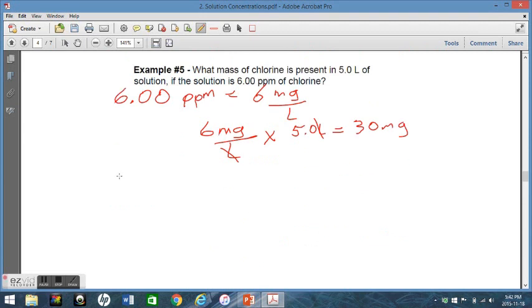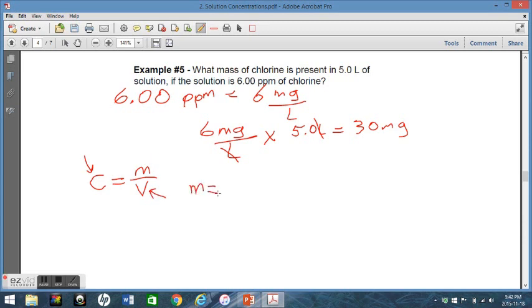Now, if you don't like this, we could also look at the concentration and use an older formula that you would have dealt with in like grade 8 or something like that. Concentration is equal to the mass divided by the volume. We're given concentration in parts per million, or milligrams per liter. We're given volume, we need mass.